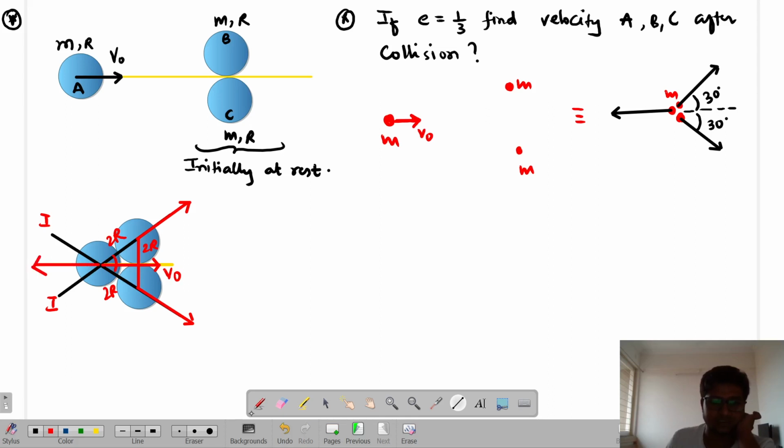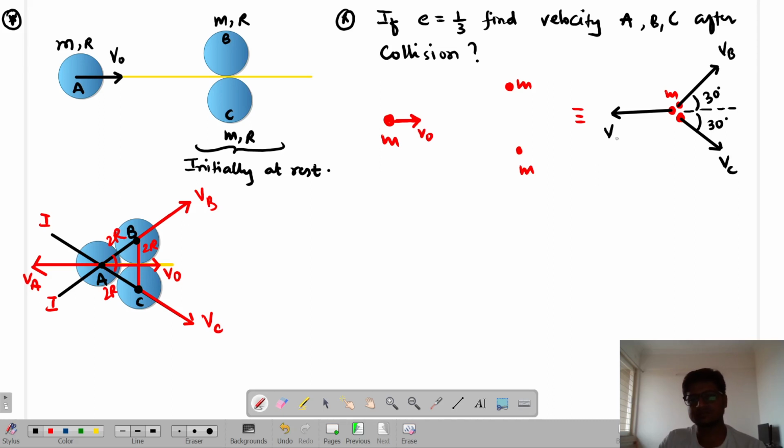Backward direction, isn't it? So this is velocity of ball B, velocity of ball C, and this is velocity of ball A, where this is A, B, and C. Are you able to get me? Is this clear?